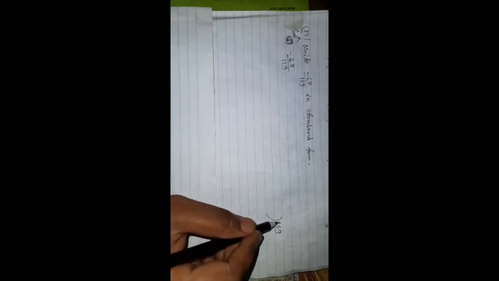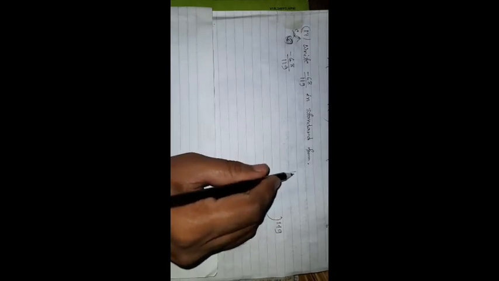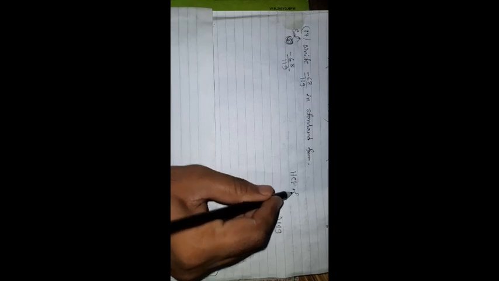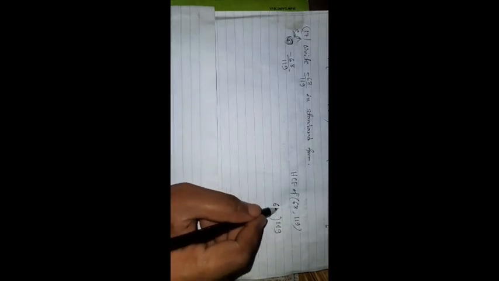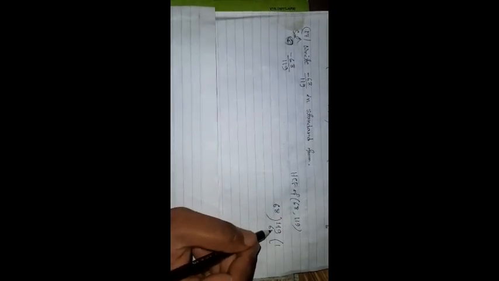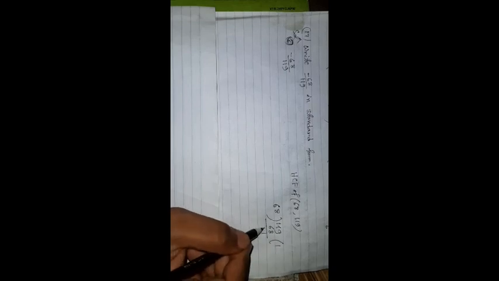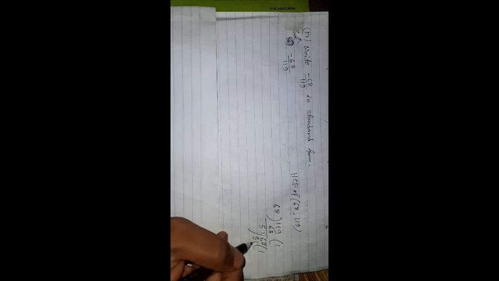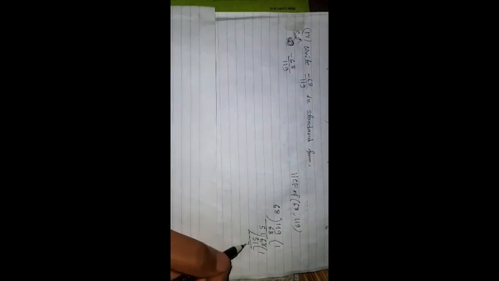So that means we have to find the HCF of 68 and 119. So the HCF is equal to 17.